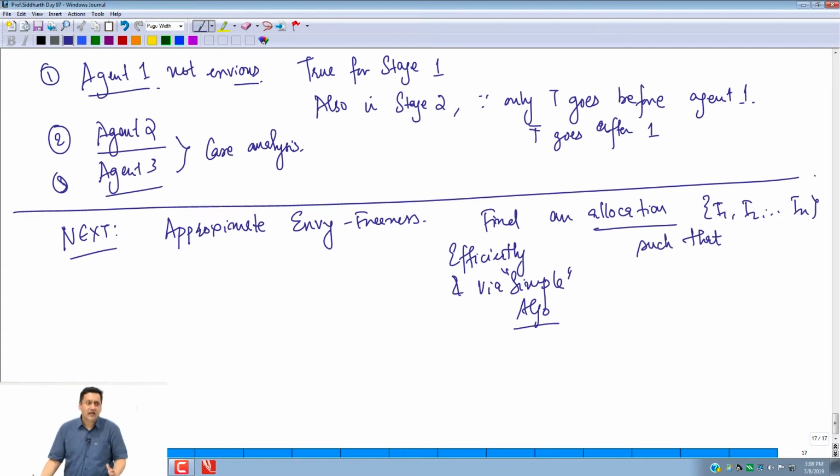So again, agent A gets interval IA. What now happens is that if agent A looks at its own value, this is at least some alpha times the value agent A has for some other interval, right?